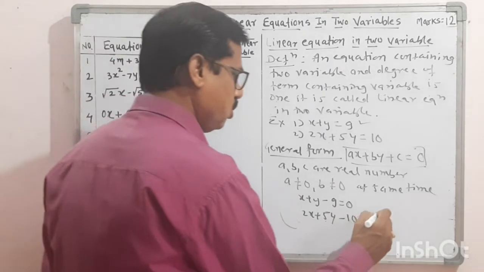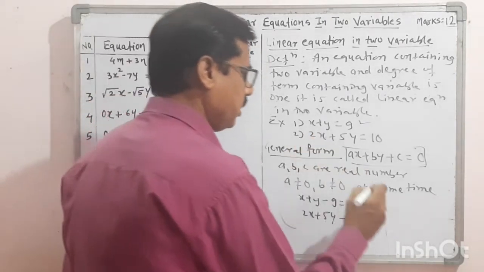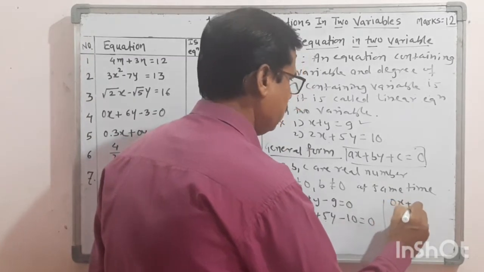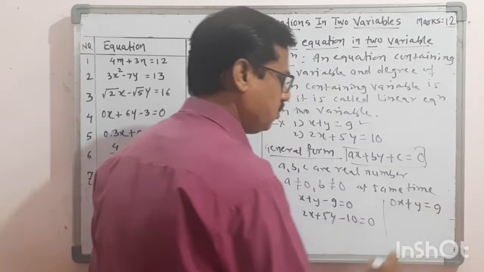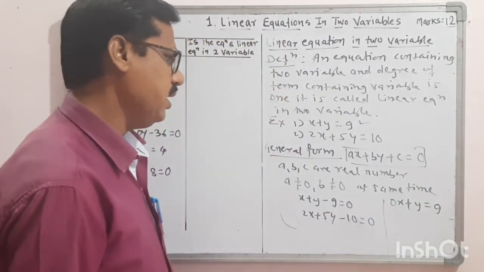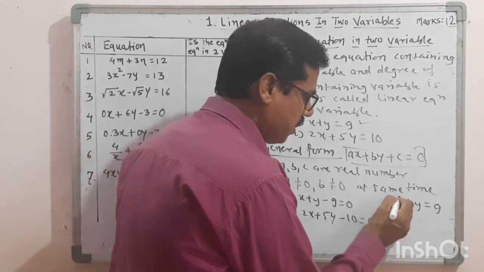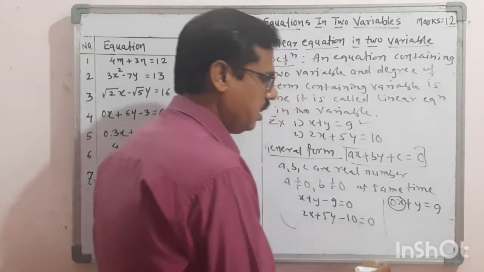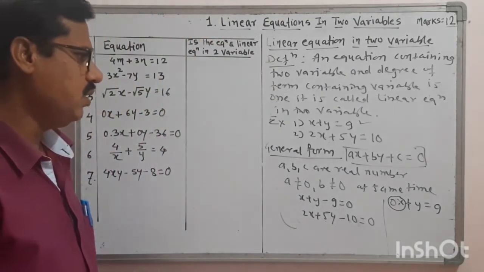If the coefficient of x or y is equal to 0, what do we get? If we write 0x plus y is equal to 9, this is not a linear equation in two variables. What is the reason? 0 multiplied by x gives 0, and what remains is y equal to 9, which is a linear equation in one variable.